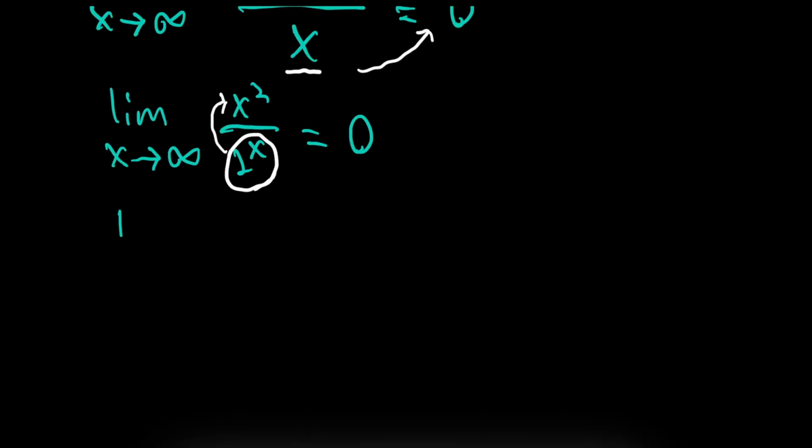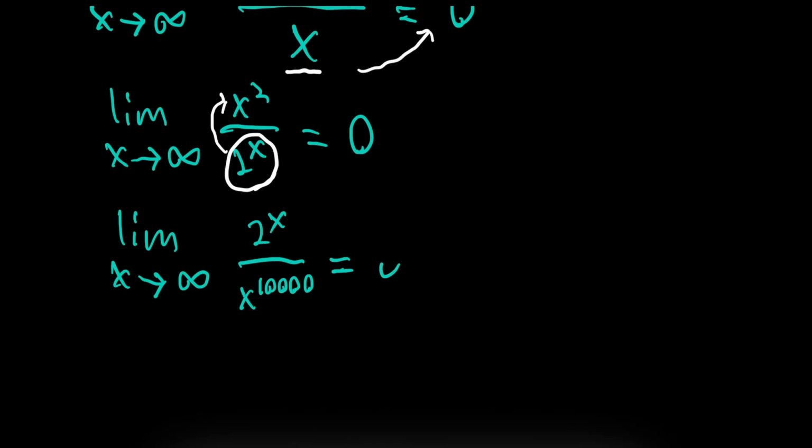And let's do another example. Limit as x approaches infinity of 2 to the x over x to the 10th power, x to the 100th power, x to the 1000th power, 10,000th power. Doesn't matter really, but it'll still approach infinity, right?